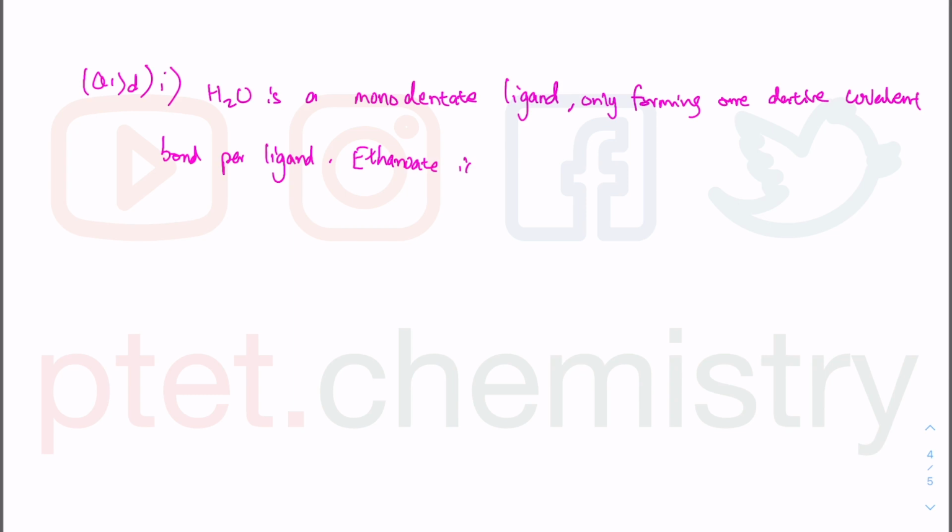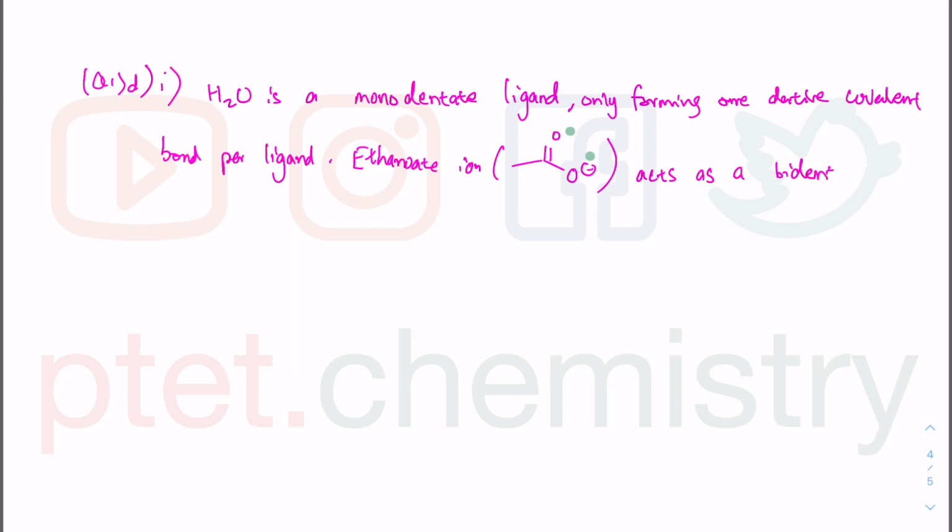Ethanoate ion, which is basically CH3CO2 minus, like that. So they have got 2 sides there. The first side is on this oxygen, but these electrons can get delocalized over the carbon sp2 framework. So ethanoate ion acts as a bidentate ligand.